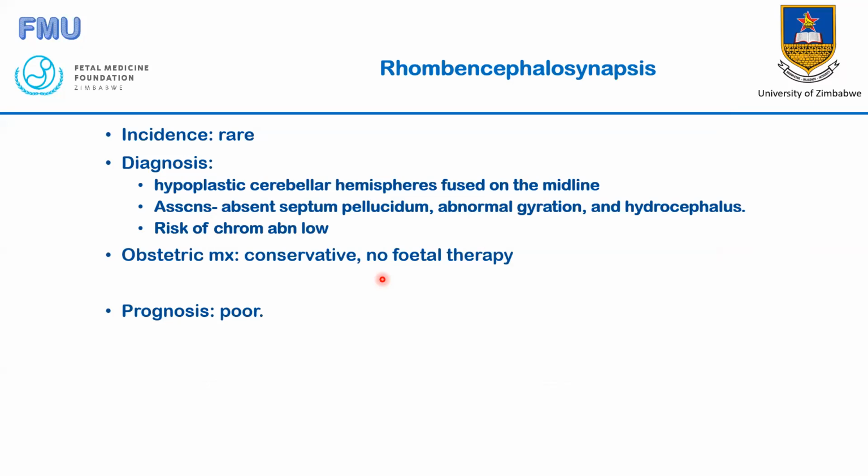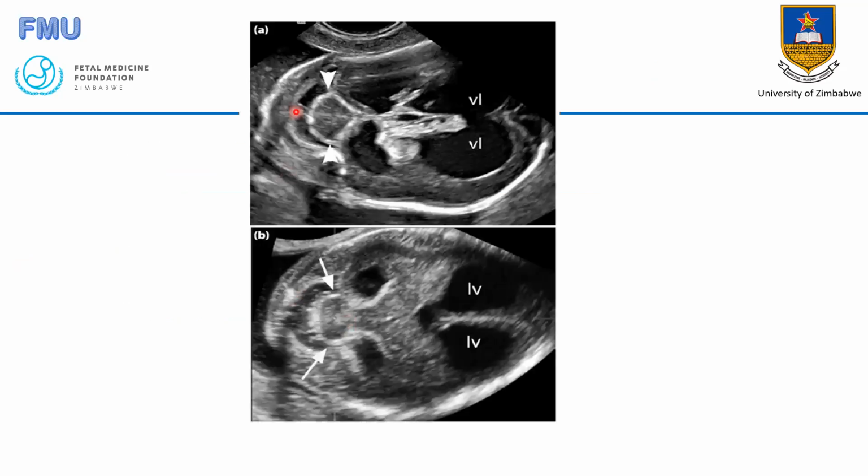It's just two cerebellar hemispheres which are fused together. They may be associated with absent cavum septum pellucidum, abnormal gyration and hydrocephalus, and the risk of chromosome abnormalities is low. The management is normally conservative, no fetal therapy. The prognosis is poor. So if the prognosis is poor, that means we can potentially offer the couple the option of termination of pregnancy. This is rhombencephalosynapsis.